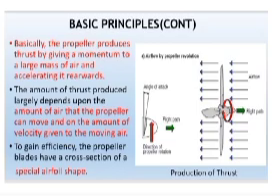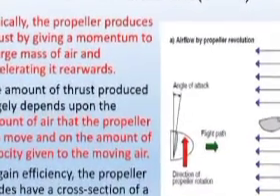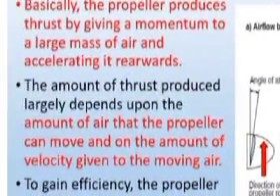Now let's come to the most important thing: how thrust is generated or developed by the propeller. Basically, the propeller produces thrust by giving momentum to a large mass of air and accelerating it rearwards. I will make reference to Newton's first law and then the third law. Mathematically, force equals mass multiplied by acceleration.